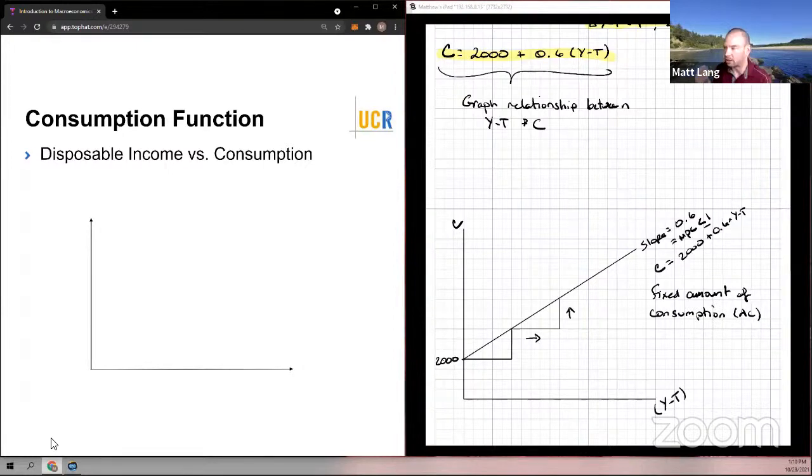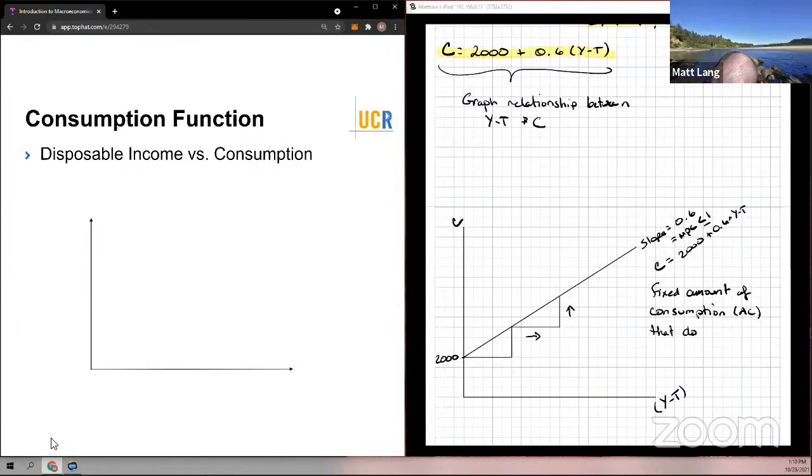That's our fixed amount of consumption that doesn't depend on y minus t, plus the fraction of take-home pay we spend on consumption. Okay?